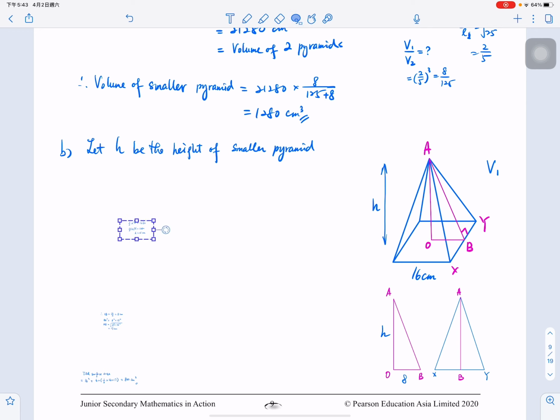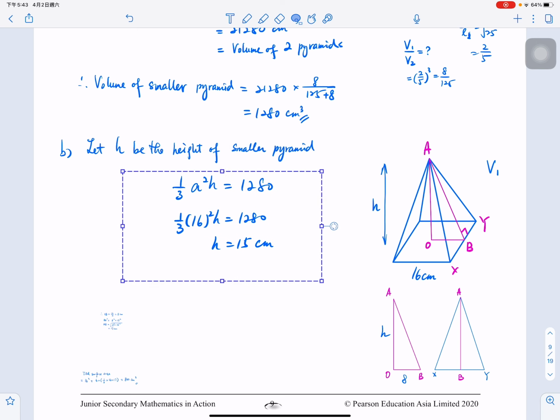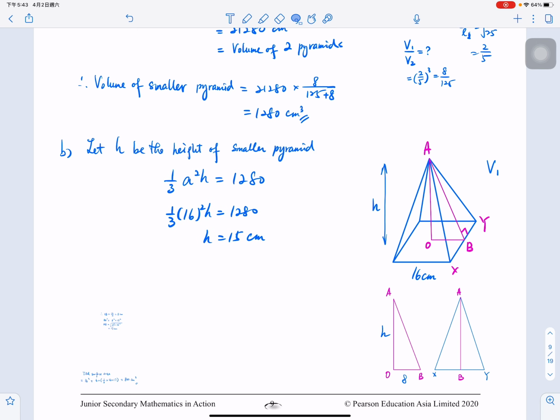So let's see. This one is A, that means the side, okay. So A square, because it's a square, times H, and then times 1/3, 1/3 of the base area times H equals 1280.